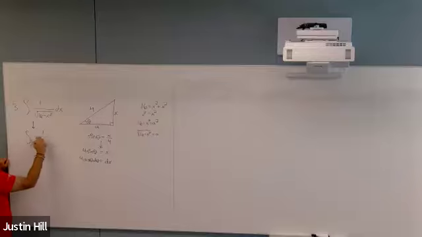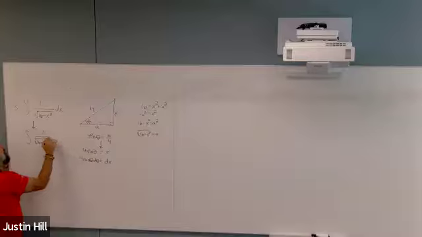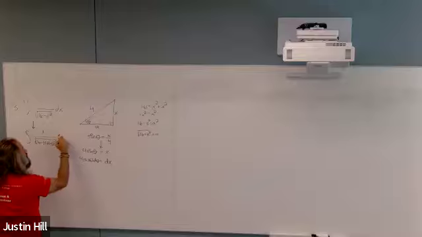We end up with 1 over the square root of 16 minus 4 sine theta squared, and my dx is 4 cosine theta d theta.